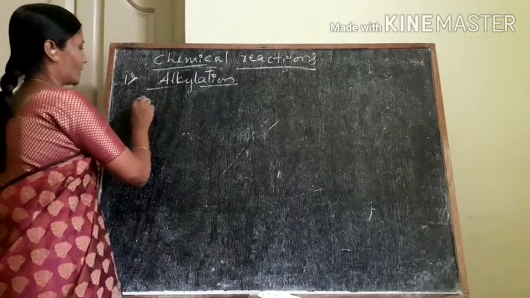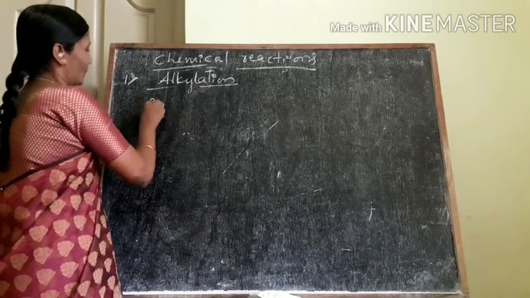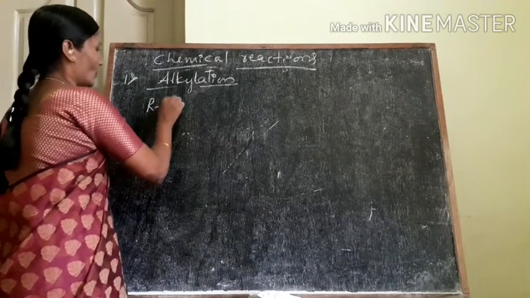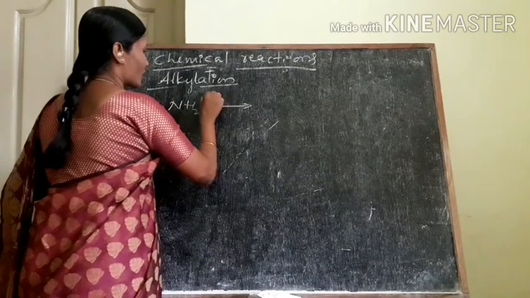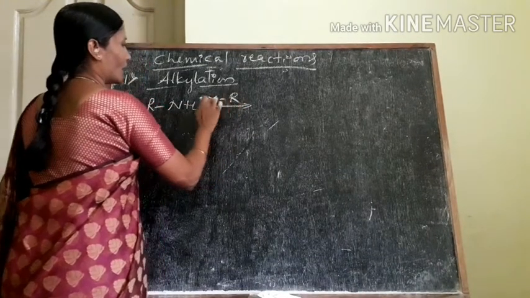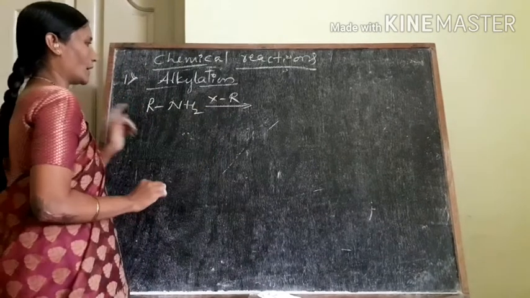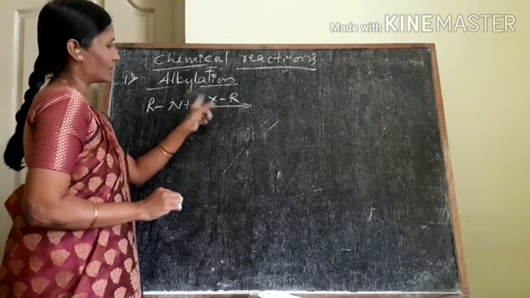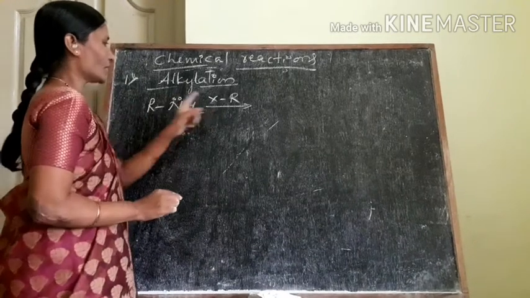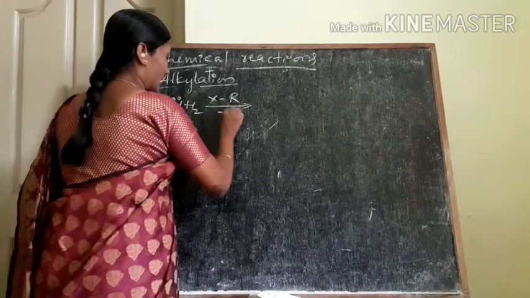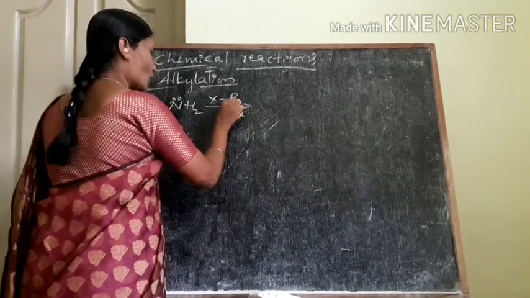Let me take one general example. You can write any examples you like. RNH2 is a primary amine that reacts with alkyl halide, where X is the negative part. Hydrogen combines with X forming HX, and the alkyl group is the positive part.